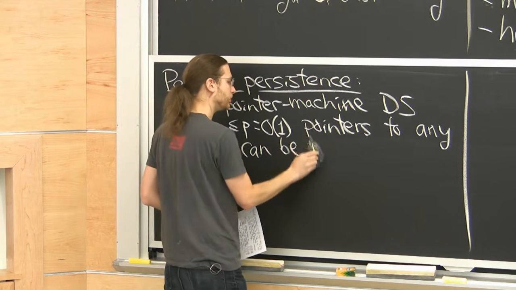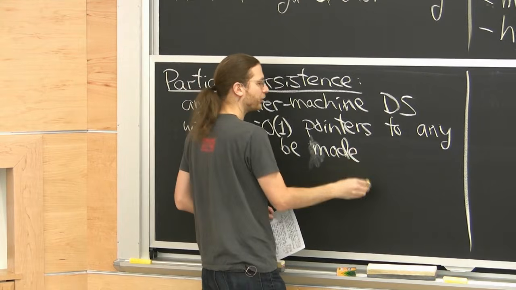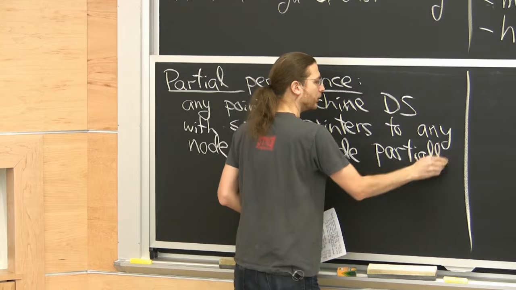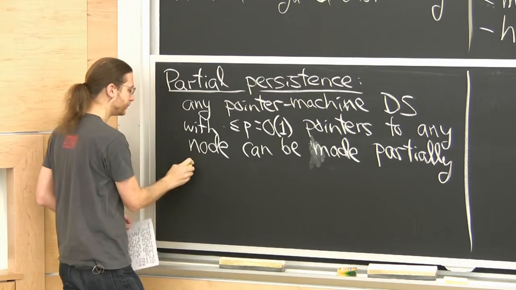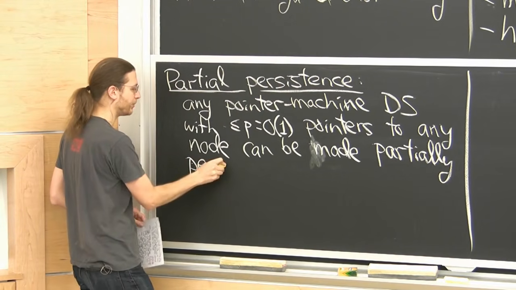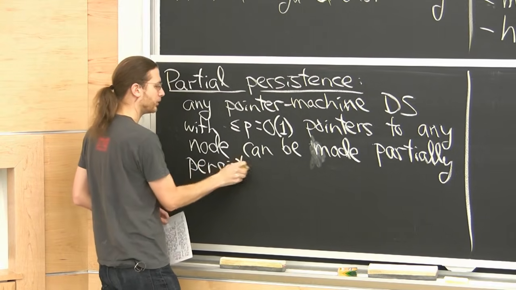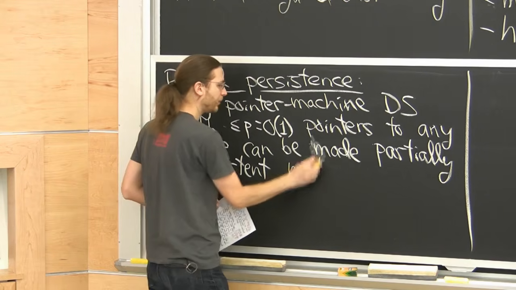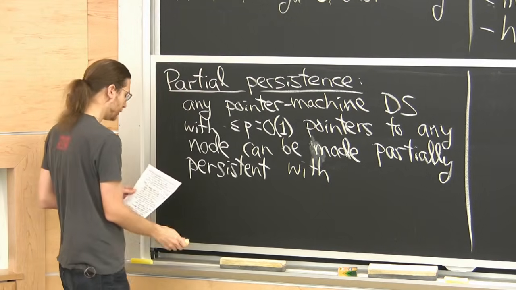Can be transformed into another data structure that is partially persistent and does all the things it used to do. So I'll just say it can be made partially persistent. You have to pay something, but you have to pay very little.